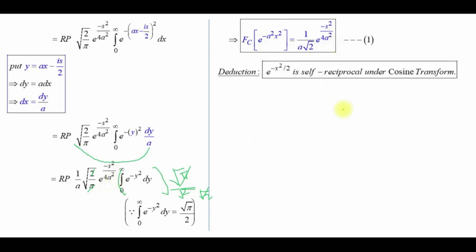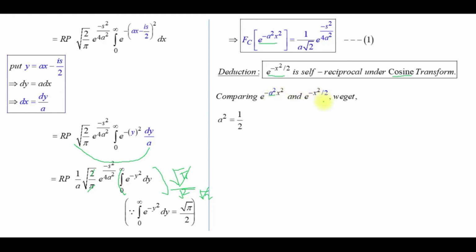So next, the deduction. We need to prove e power minus x square by 2 is self-reciprocal under what transform? Fourier cosine transform. Therefore, compare e power minus x square by 2 with e power minus a square x square. The only difference is that here it is a square, and here it is 1 by 2.